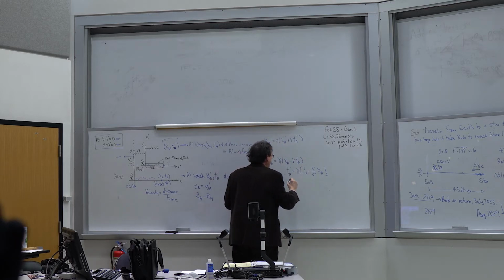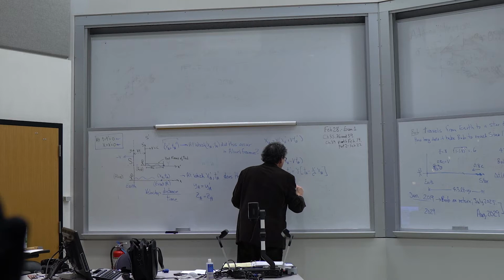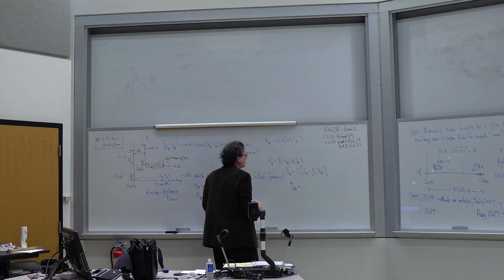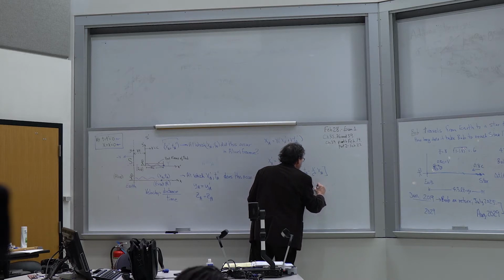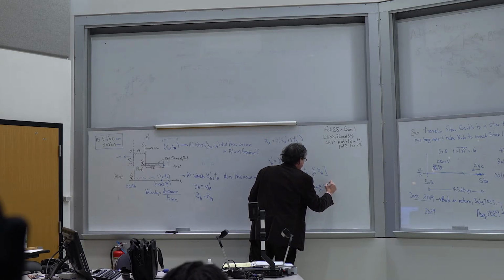Similarly for TA, I'm going to do the same thing, and it's going to be gamma times TA prime plus V over C squared times X sub A prime.